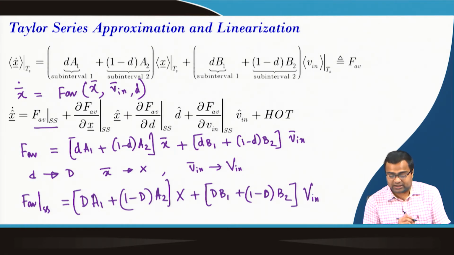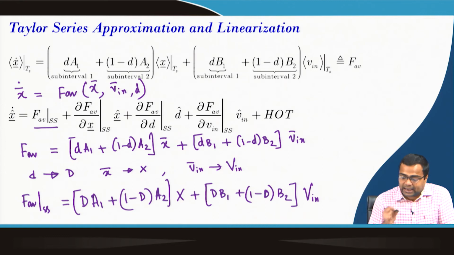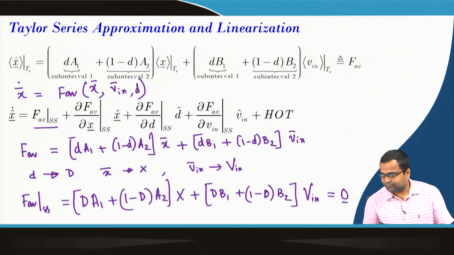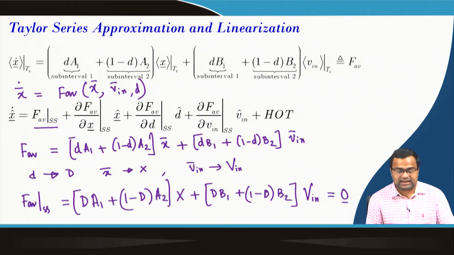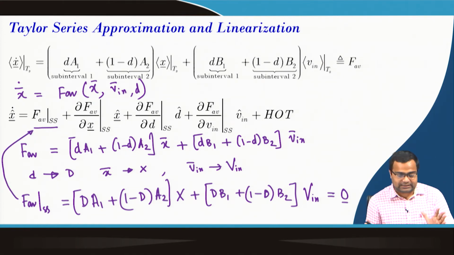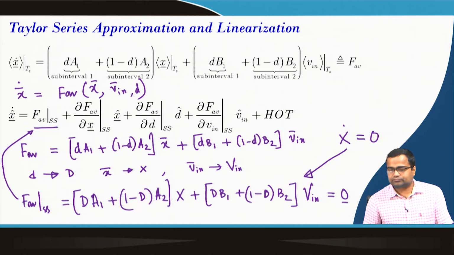This is a steady state quantity, and it can be shown that it will eventually become a 0 vector, because under steady state the derivative part is 0. If you take the derivative, x dot is 0, and this gives us this equation.